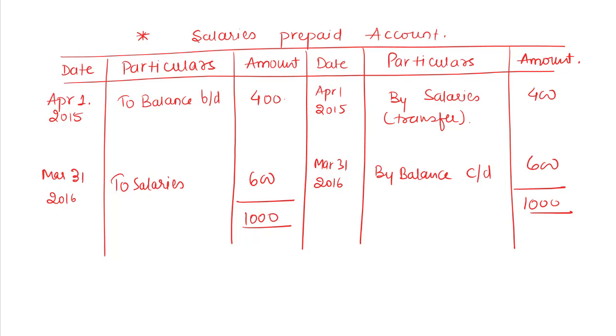So by balance carried down, we have written 600, and this needs to be transferred to salaries account. So to salaries account 600. So in this way we have prepared salaries prepaid account or prepaid salaries account. I believe you have understood this. Quickly understand it.